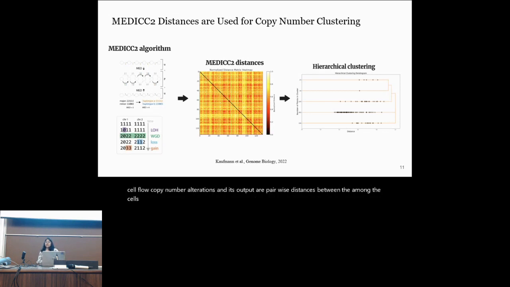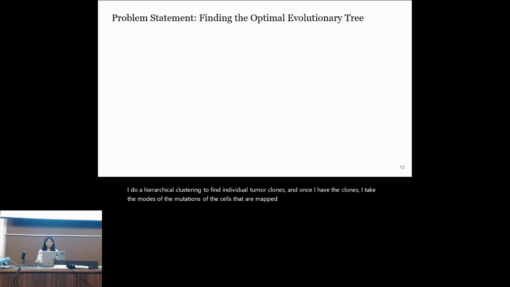So once I have the pairwise distances using the MEDIC2 algorithm, I do hierarchical clustering to find individual tumor clones. And once I have the clones, I take the modes of the mutations of the cells that are mapped to the same clone.